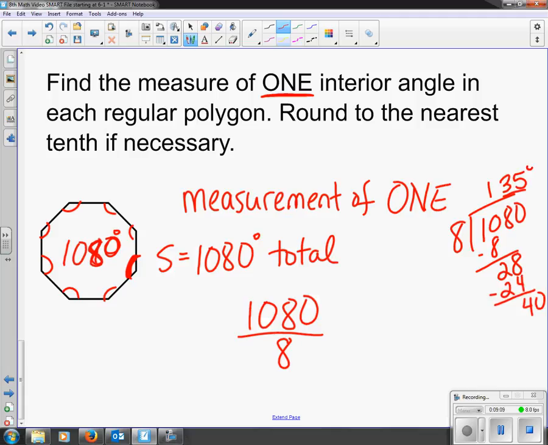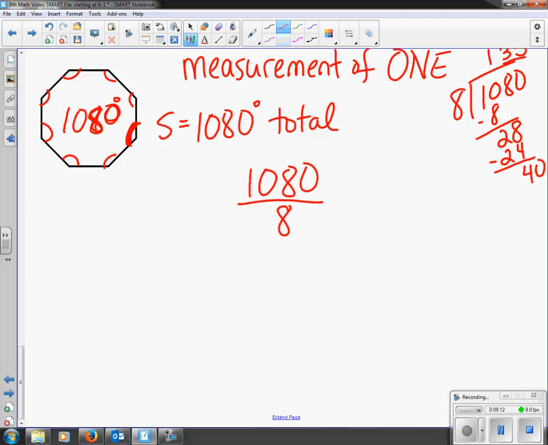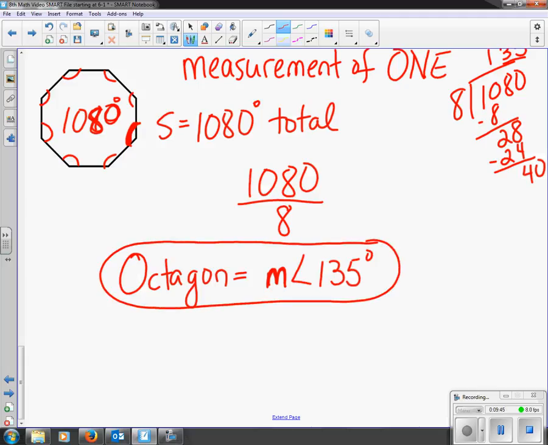So that means for an octagon, the measurement of one angle is 135 degrees. This M just means measure. If I took a protractor and measured one angle, the measurement of one interior angle is 135 degrees.